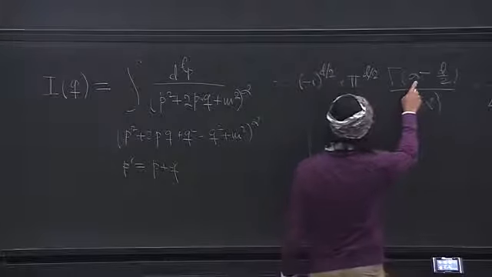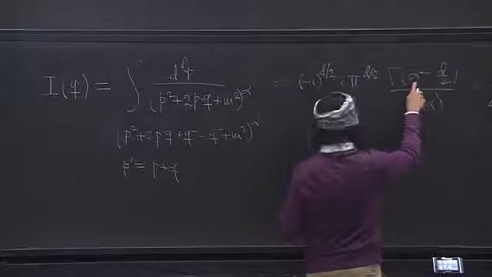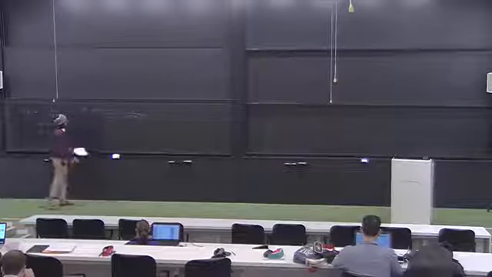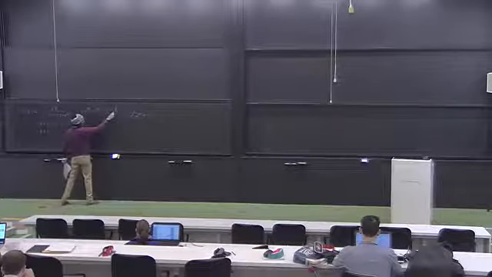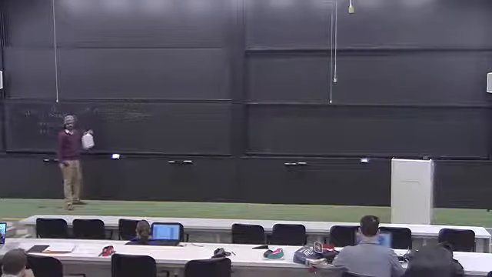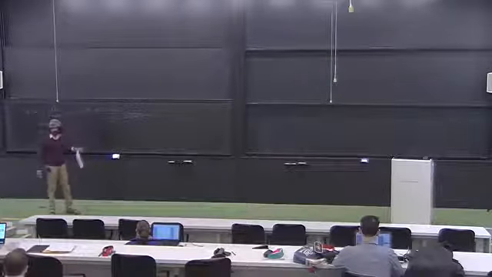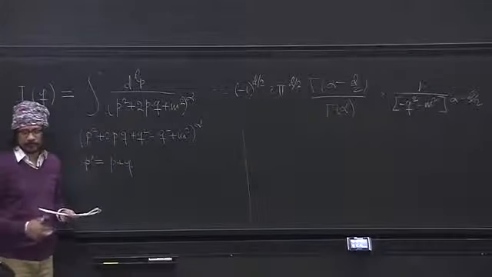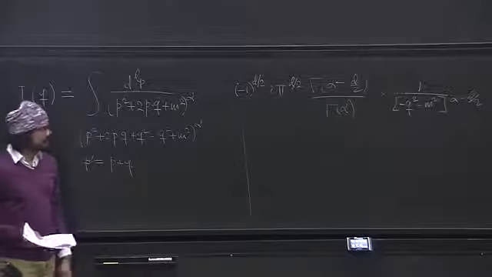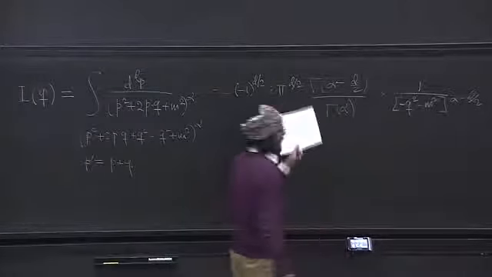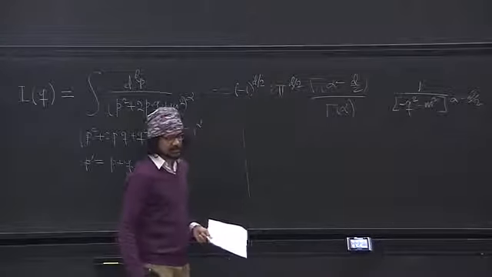For small enough alpha, say alpha equals 2 or less, if d is 4, we see that the argument of the gamma function is a negative integer. And that's basically the divergence.